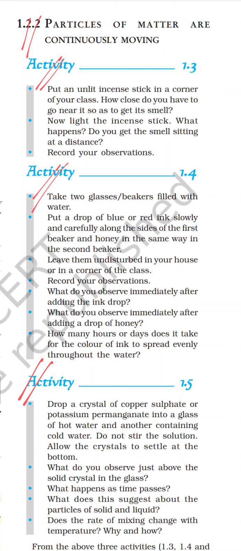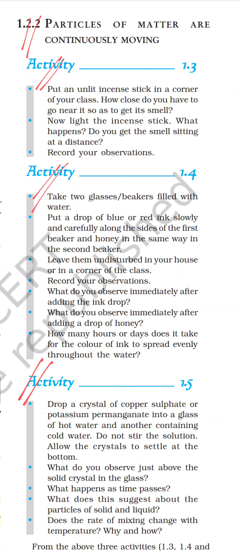Activity 1.4. Take 2 glass beakers filled with water. Put a drop of blue or red ink slowly and carefully along the sides of the first beaker, and honey in the same way in the second beaker. Next, leave them undisturbed in your house or in a corner of the class.